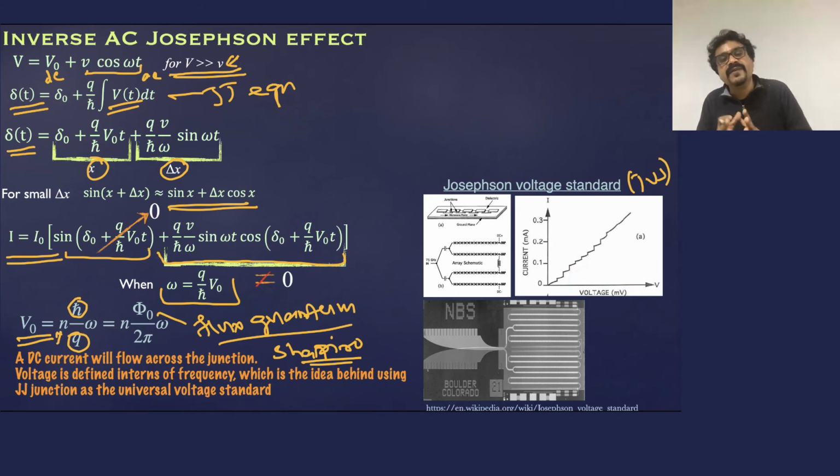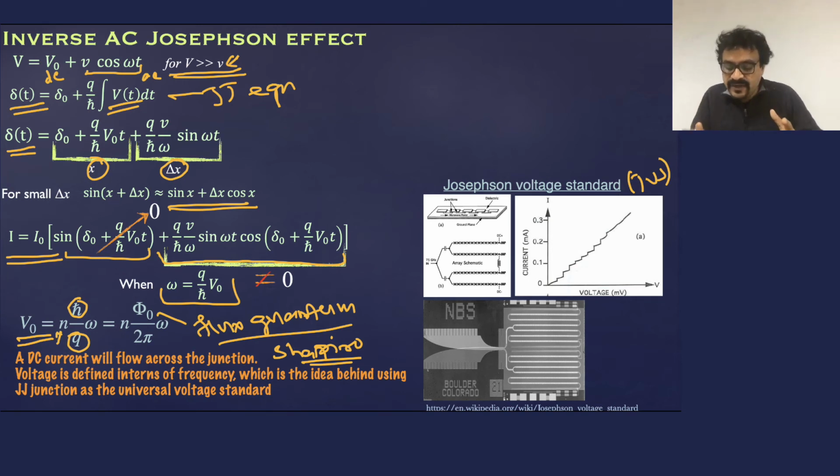And the frequency omega can be defined very accurately. That is one assumption behind all quantum metrology. So you can always define and apply the frequency very accurately, and everything else here is defined to the best possible accuracy. So using this effect, you can define the voltage very, very accurately. That is the idea.